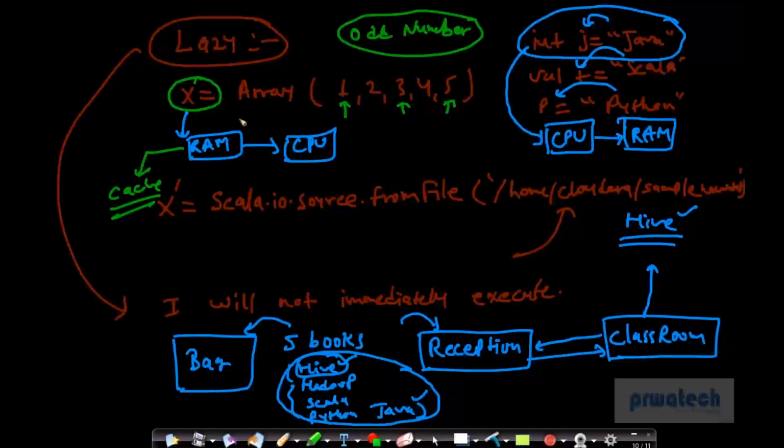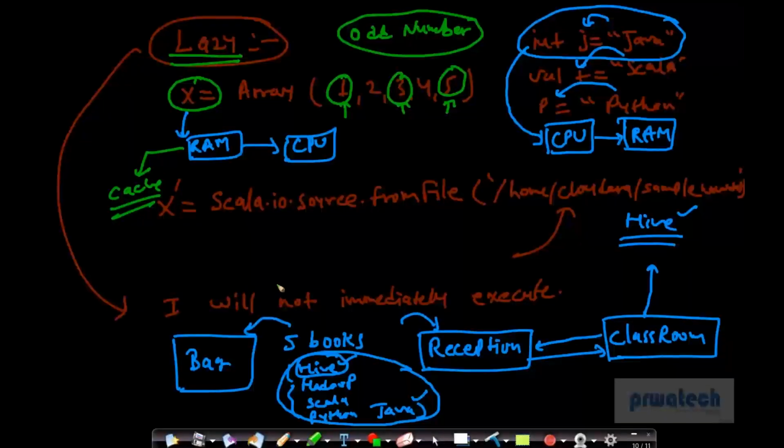But I don't want to use this complete RAM area for all the elements. I only want to use it for 1, 3, and 5. And to achieve this, I work with lazy. So if you understand this metaphor, how this thing is working, the same way this is working.